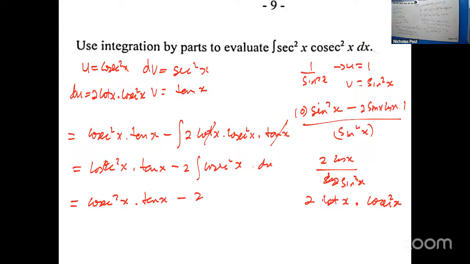But here you've got a cosine, right? Let's check it out. And minus cos x.